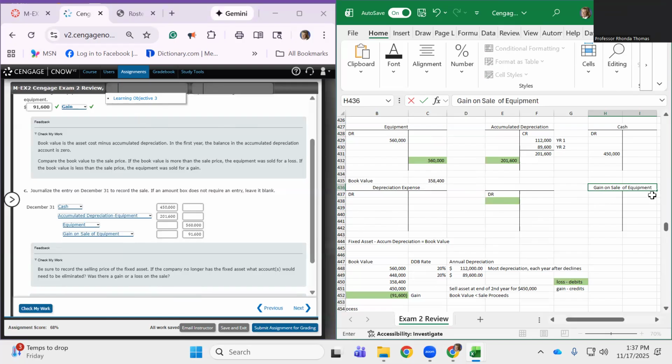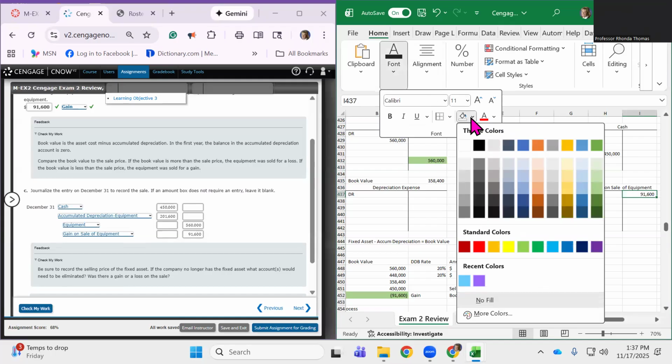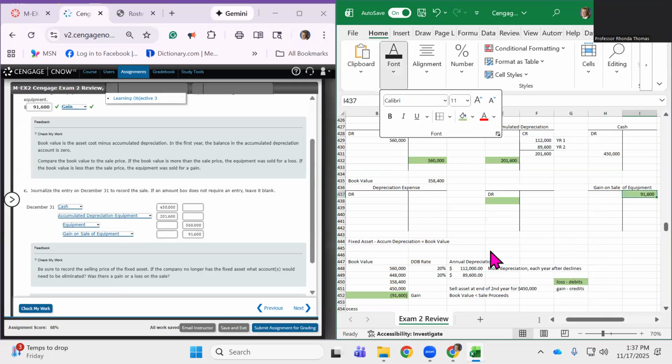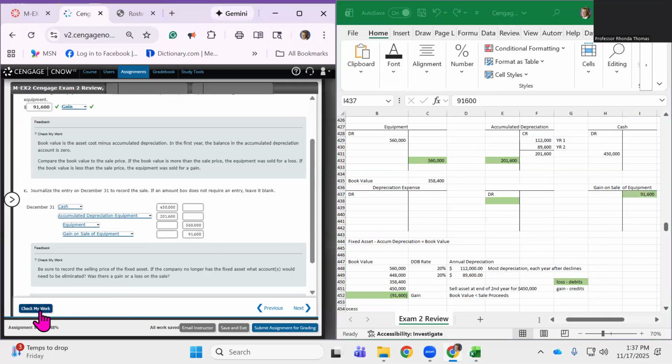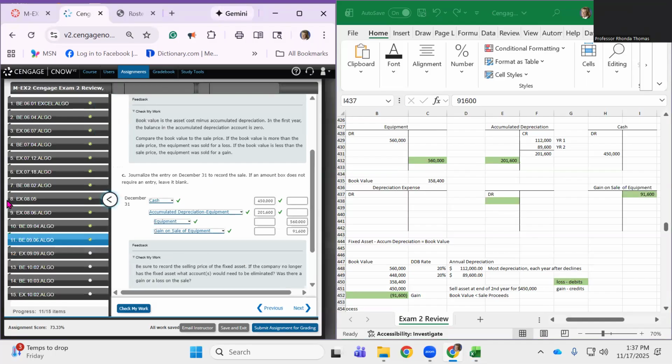Okay, so here's what's going on. 91,600. This debit and this debit must equal this credit and this credit. I must have had a loss the last time I did one of these. Okay, so let's see if we're right. I know that's kind of tough.